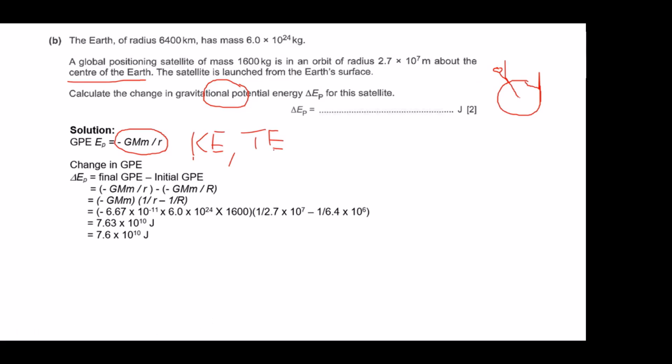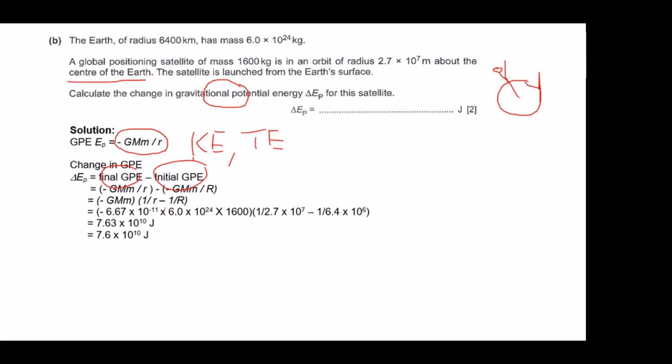So for the change in GPE, I take the final GPE. Always take the final minus the initial GPE. So the GPE at the furthest distance away minus the GPE from the launch. So minus GMm times 1 over r minus 1 over big R. Just be careful about the distance.